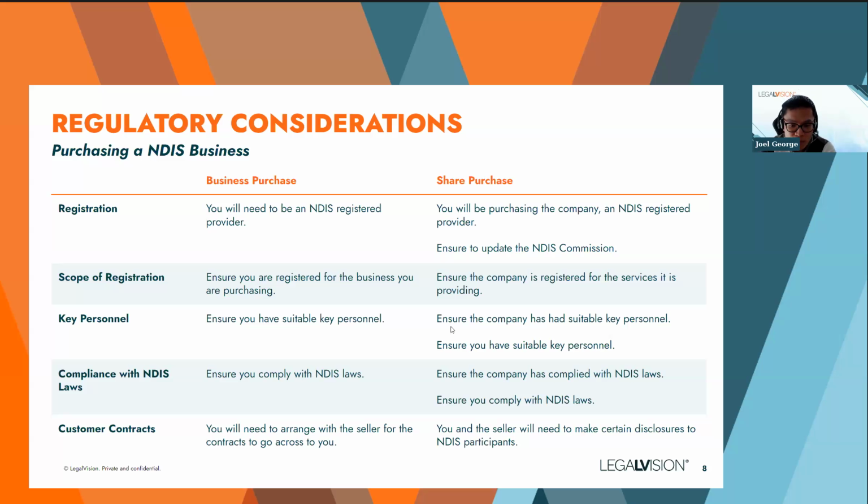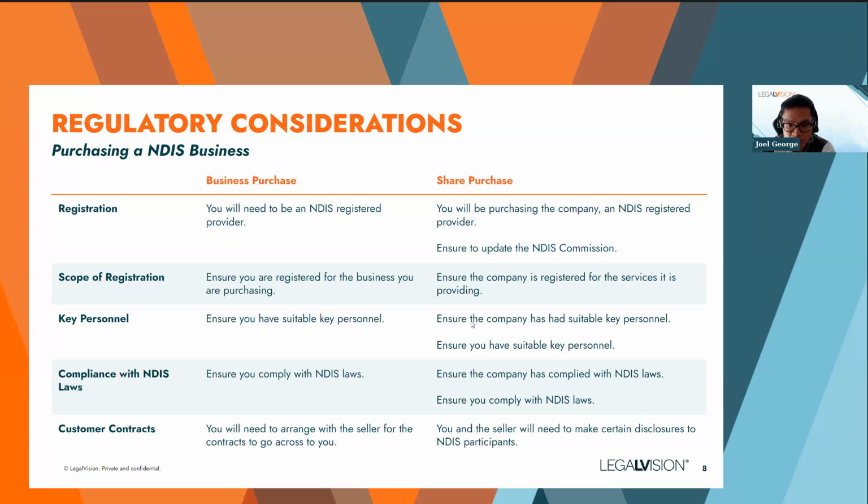You obviously need to ensure that you have suitable key personnel to deliver NDIS services, and you need to ensure that from the date you purchase the business, you can comply with all relevant NDIS laws. And finally, with customer contracts, you need to arrange with the seller for which contracts go across to you. There may obviously be NDIS disclosure and privacy related obligations by doing so.